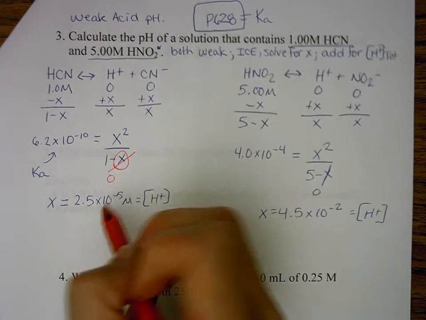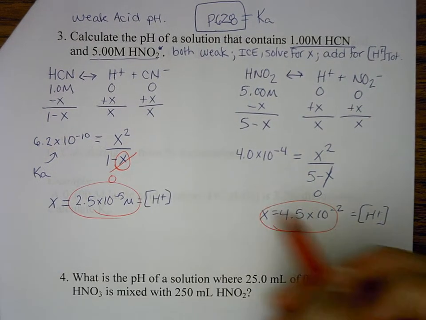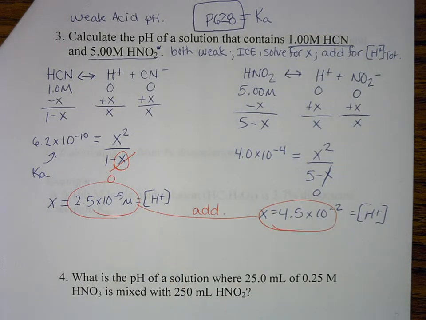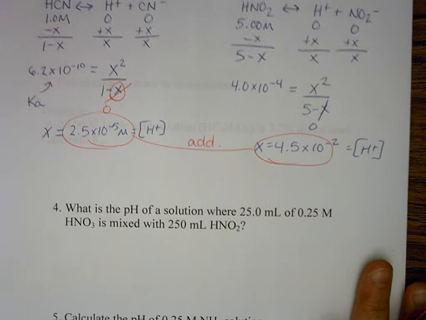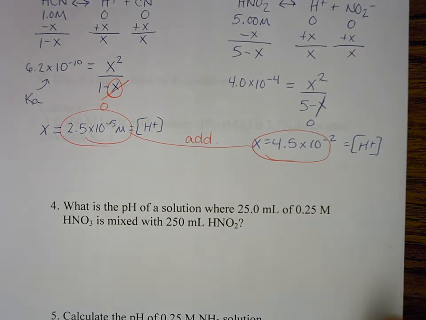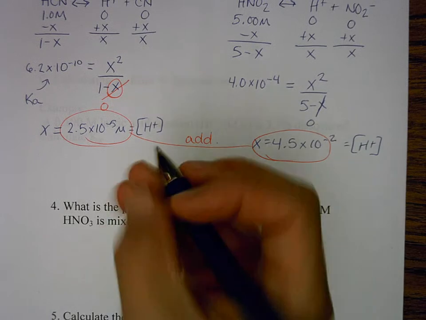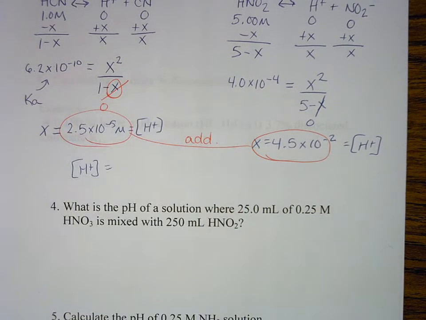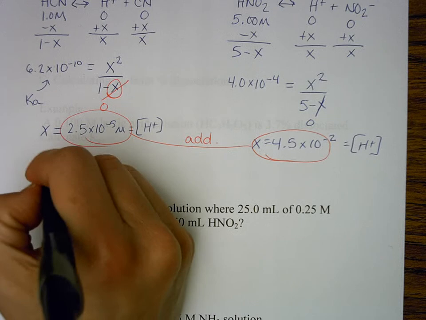And what do I do with those two hydrogen ion concentration numbers? I add them together to get the total amount of hydrogen ions in that solution, of them being all combined together. So then the total, I should write total here.